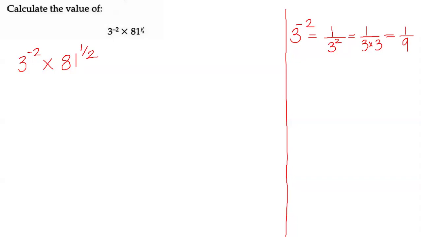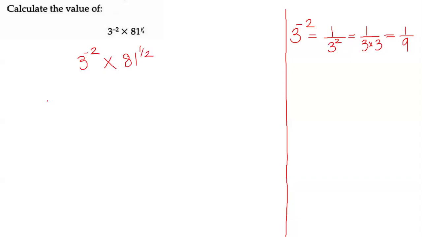Okay, 1 over 9, which is equal to. So let me go ahead and move all this. So this is 3 to the power of -2 multiplied by 81 to the power of 1/2.